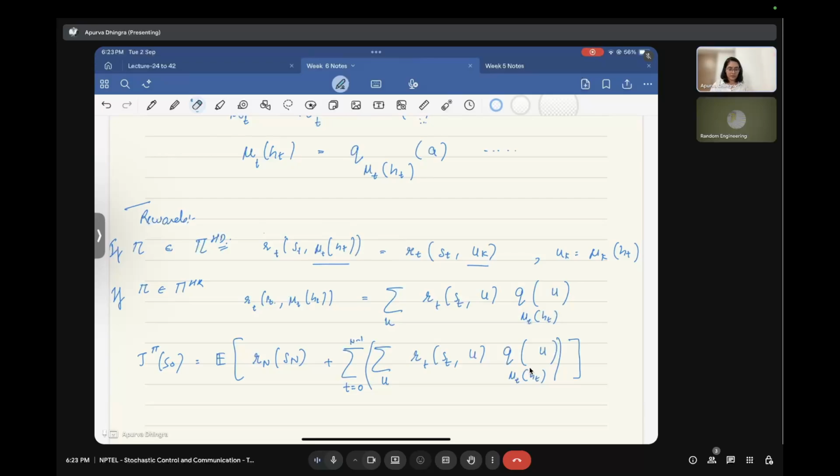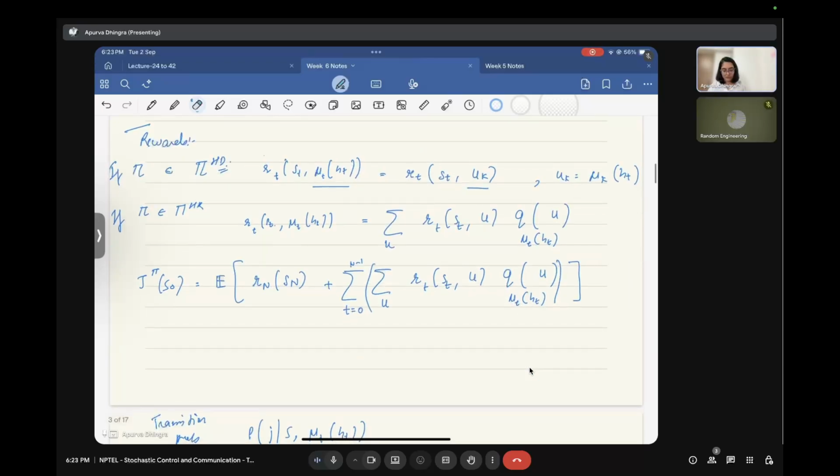Okay, so I think this type of an argument might be helpful. When you've reached the final state, h of n is just h of n minus 1, some action that was taken at n minus 1, so u n minus 1 to be more specific, and whatever terminal state you've reached.